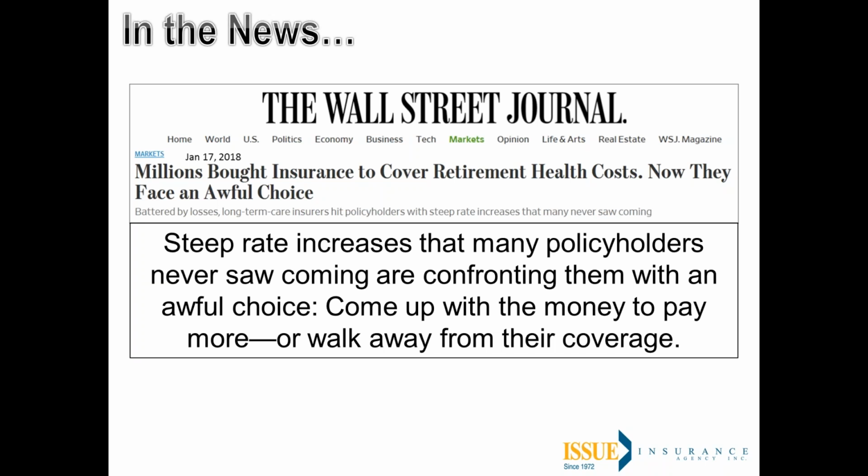They also didn't mention that long-term care carriers are paying about $10 billion in claims per year. So there are policyholders clearly benefiting from traditional long-term care. But I ask you, with what's in the news, do your clients need your help?